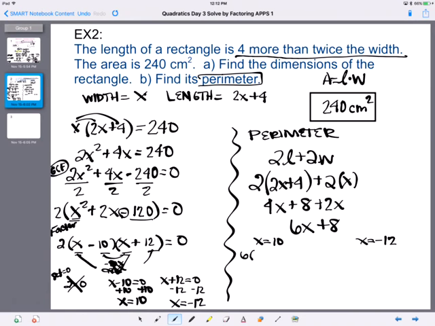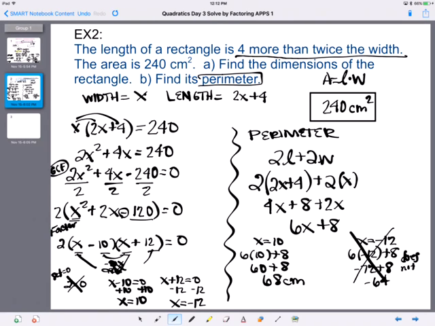So if we have 6 times 10 plus 8, 60 plus 8 is 68 centimeters. That makes sense. If we have 6 times negative 12 plus 8, 6 times negative 12 is negative 72, plus 8 gives us negative 64. This does not make sense. So the solution we want to use is x equals 10.